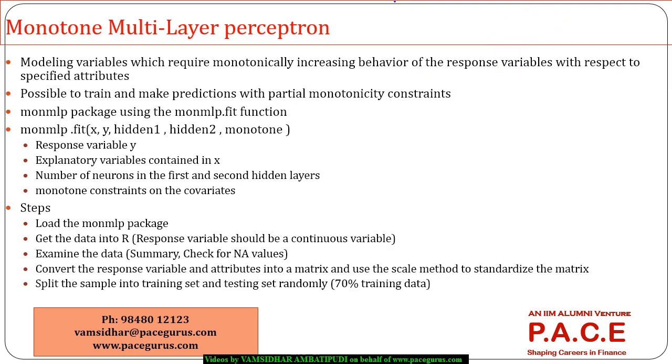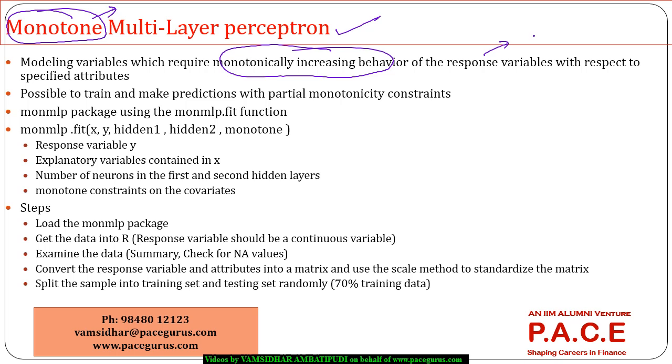Now, the next model that I am going to touch base on here is a monotone multi-layer perceptron. This is more and more helpful, especially when we have this monotonicity kind of behavior in our variables. A monotonically increasing behavior of the response variable for some set of attributes, right?